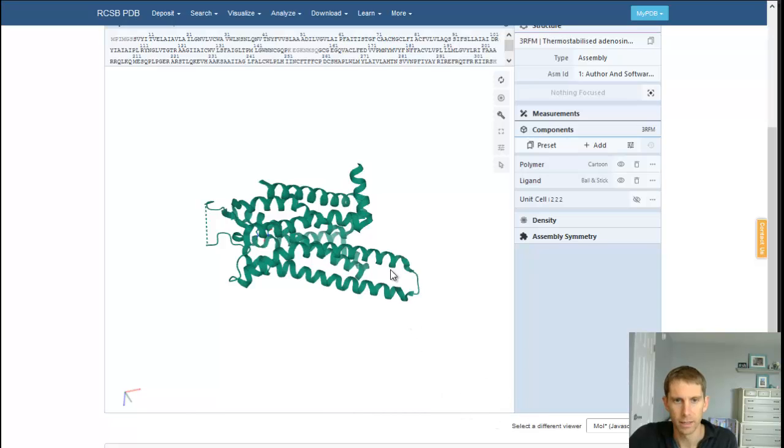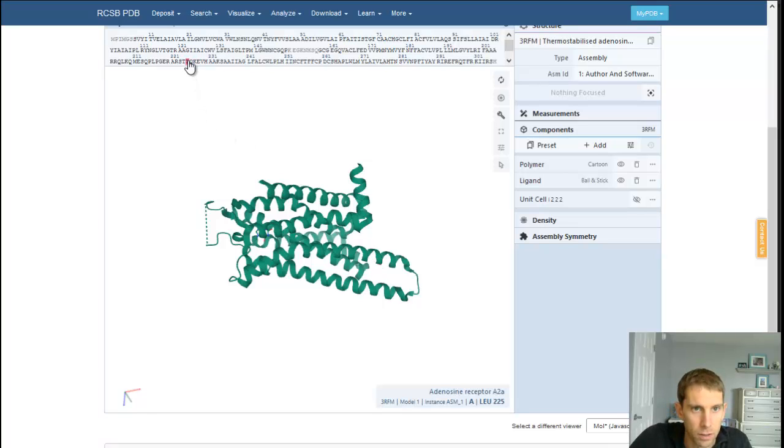Once we highlight an amino acid, we can see the name of it. In this case, I'm on amino acid 227, which is the amino acid lysine. I know that because right down at the bottom right-hand corner, it says amino acid 227.